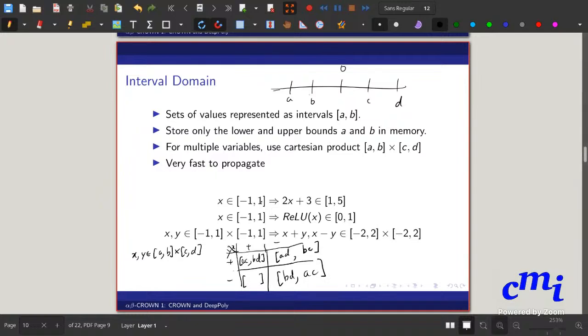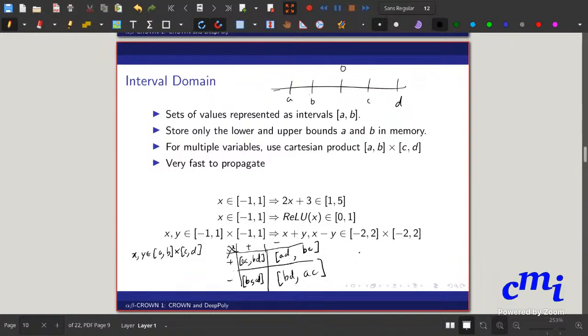So over here you will get the case where CD is fully negative and AB is fully positive. Then you'll have AD as the upper bound and BC as the lower bound, right?